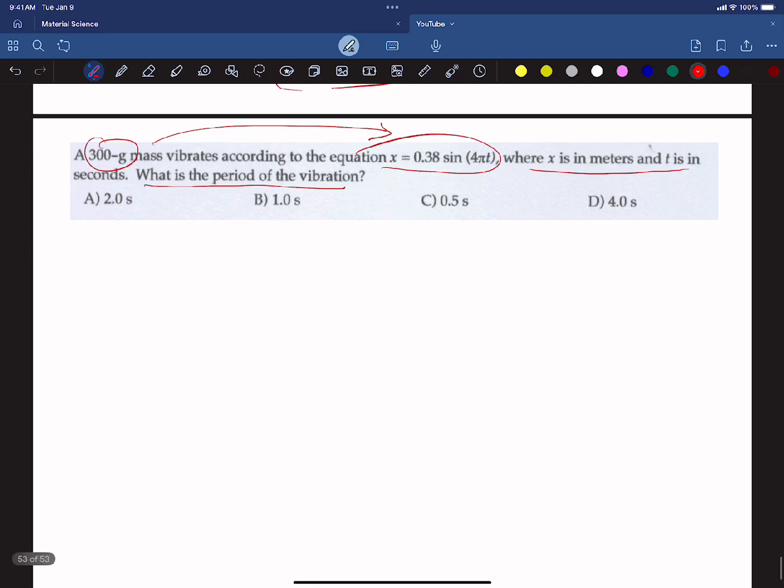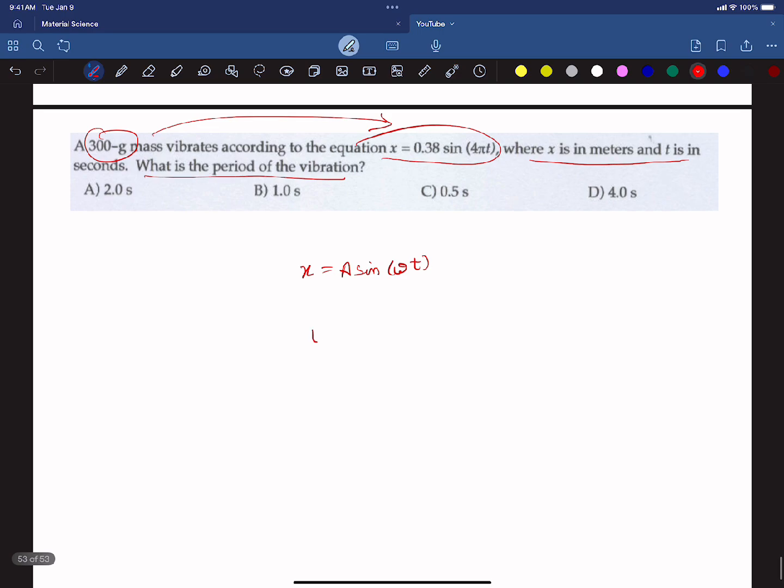So this is the general sinusoidal function. This is omega t, not wt. Omega is angular velocity, which will be 4 pi.